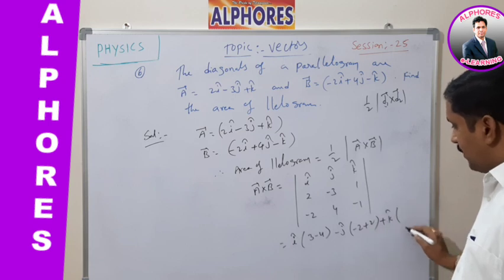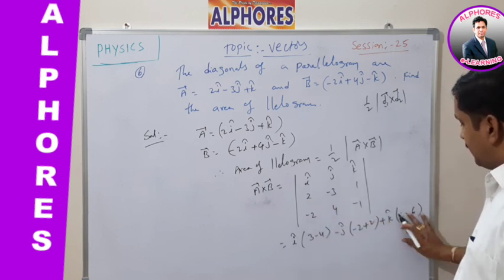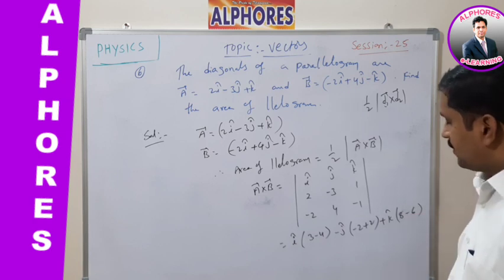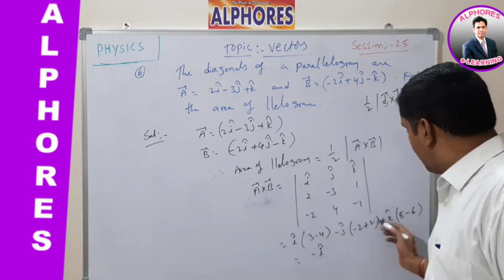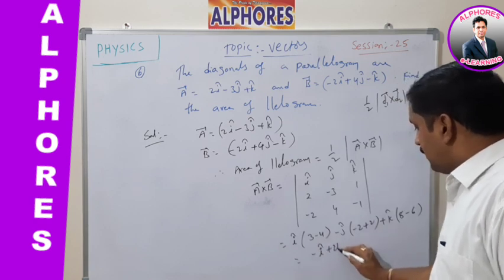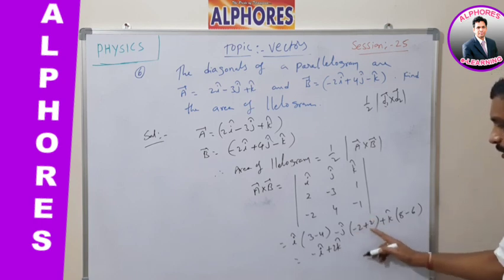Plus k cap into 8 minus 6. So here I am getting minus i cap plus 2 into k cap, and the j component becomes 0.